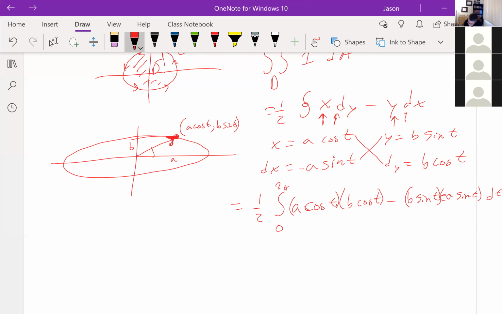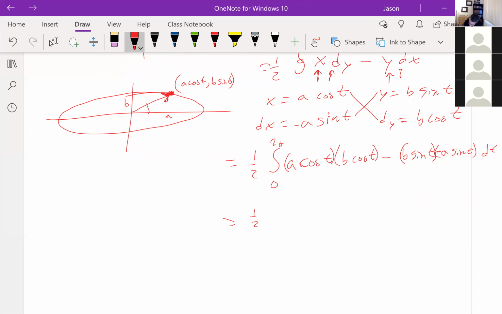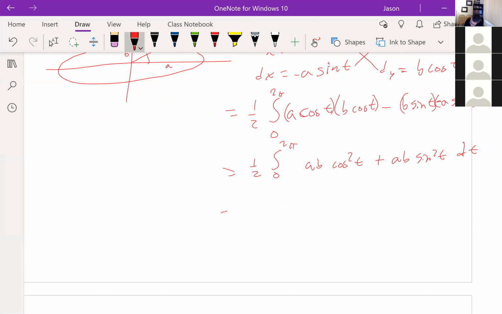So then this just becomes 1/2 times the integral from 0 to 2 pi of AB cosine squared t plus AB sine squared t dt. So this is 1/2 the integral from 0 to 2 pi of AB times cosine squared t plus sine squared t dt.